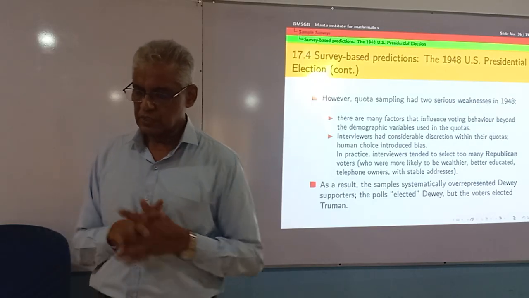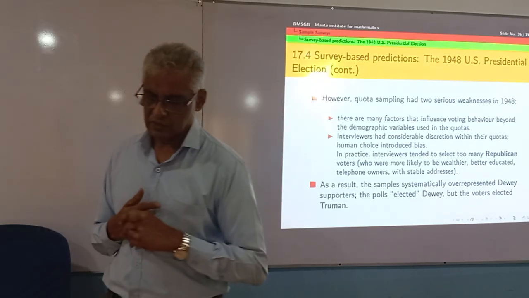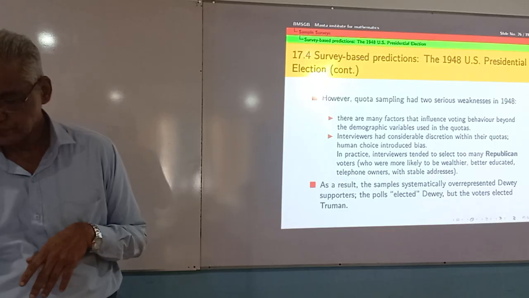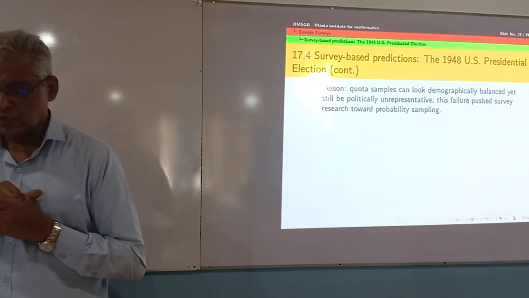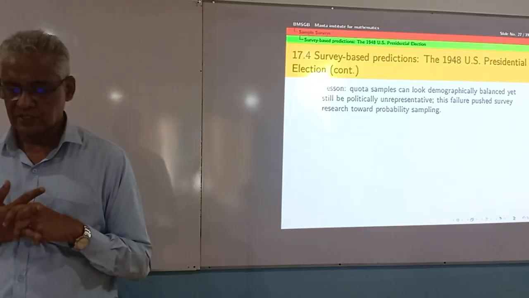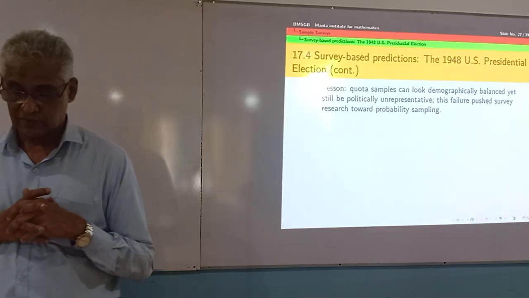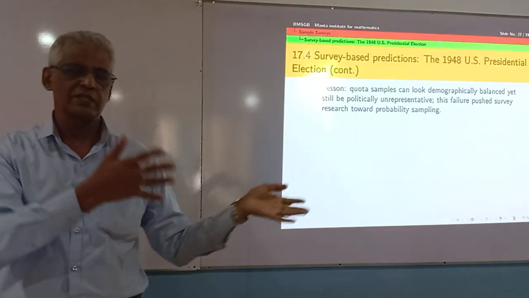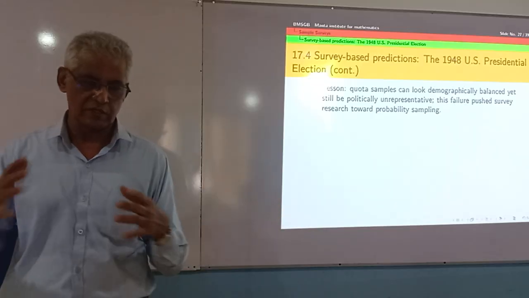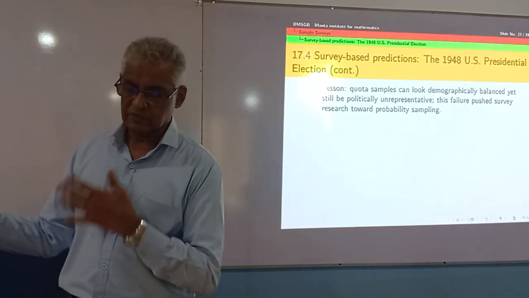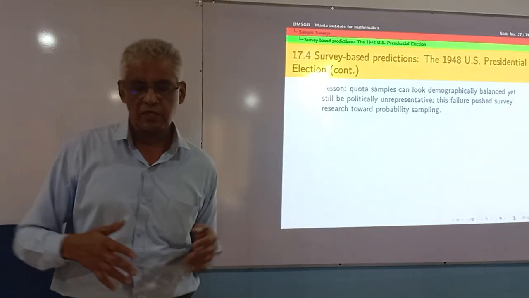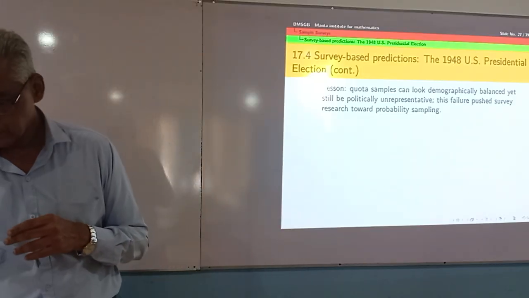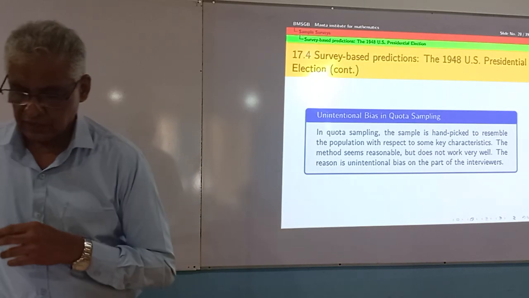And the other one was the interviewer bias. So quota samples can look demographically balanced yet still be politically unrepresentative. Demographically, gender and everything may be okay, balanced, but there may be some other variables which are politically important and which have not been considered. Right.